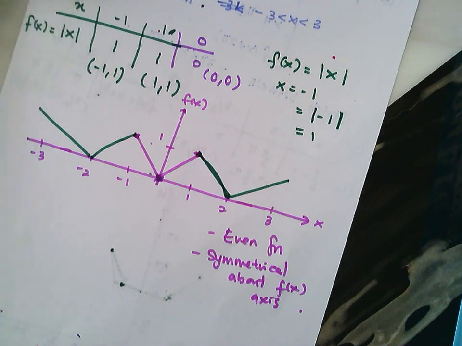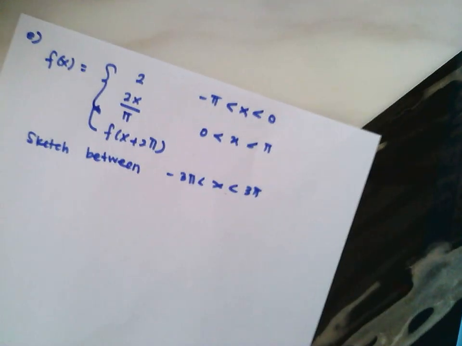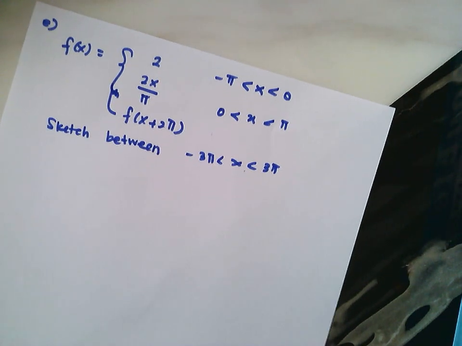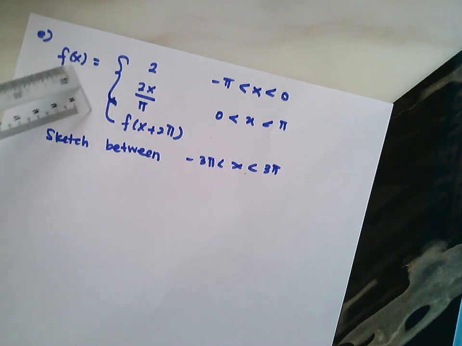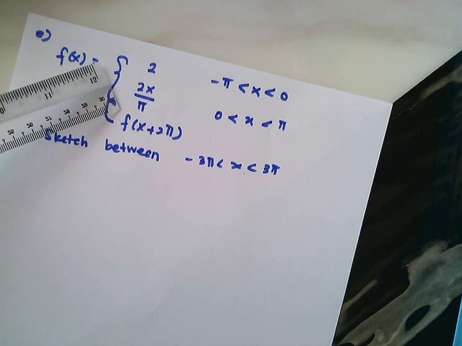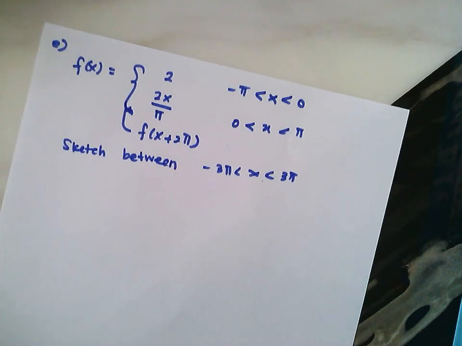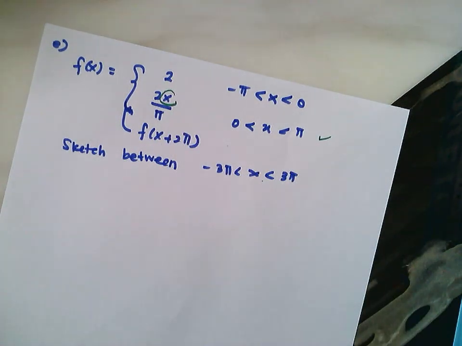So the last example here, where you have f(x) equals 2 and another one is f(x) equals 2x over pi. You need a table of coordinates only for the second function, because you have a variable x here.